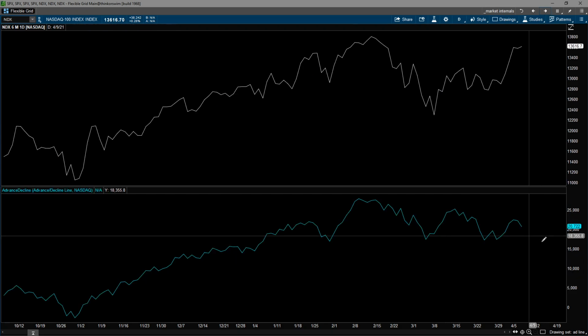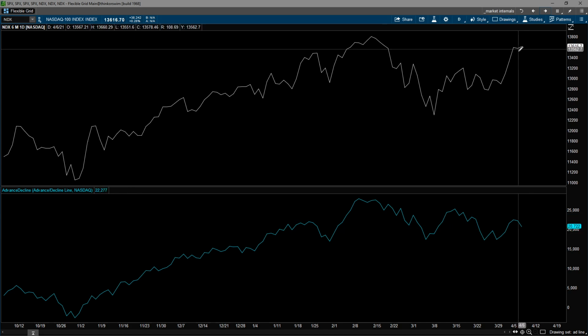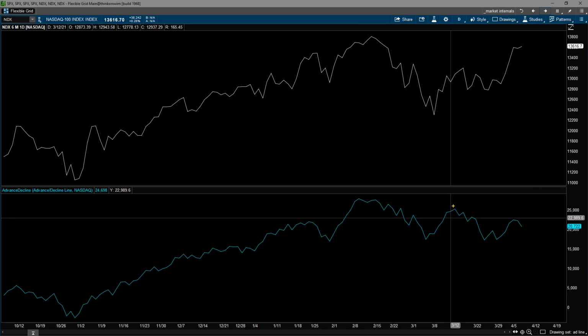And here's the NASDAQ cumulative AD line. You can see how it's trending down here, while the NASDAQ 100 is making a move higher. And also looking at this little bit of an intermediate trend, you could also see that there is this negative divergence. So definitely that is something to pay attention to.